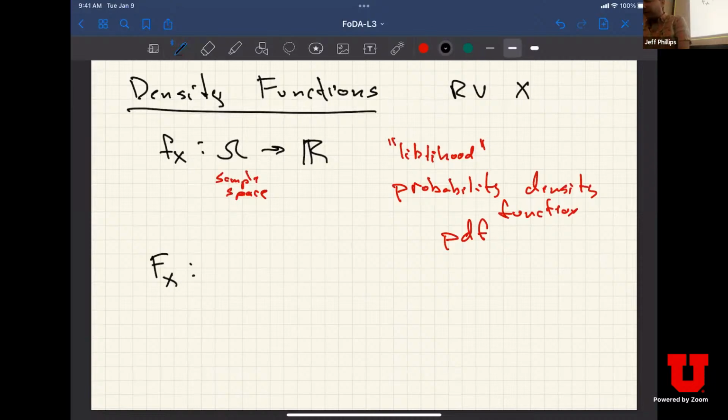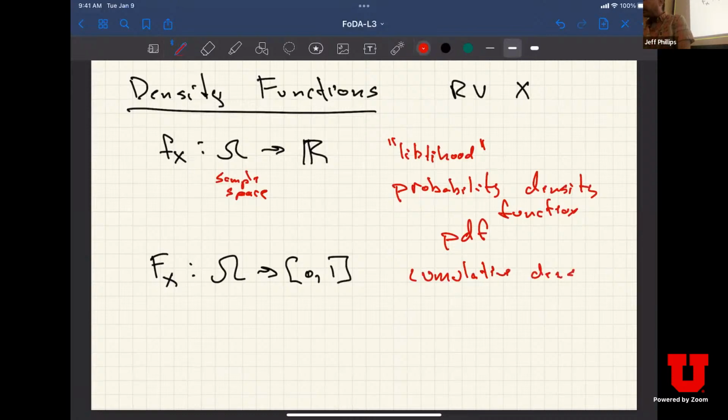This will again be from the sample space, but now we'll go from 0 to 1. And this is going to be called the cumulative distribution function, and typically just called the CDF.